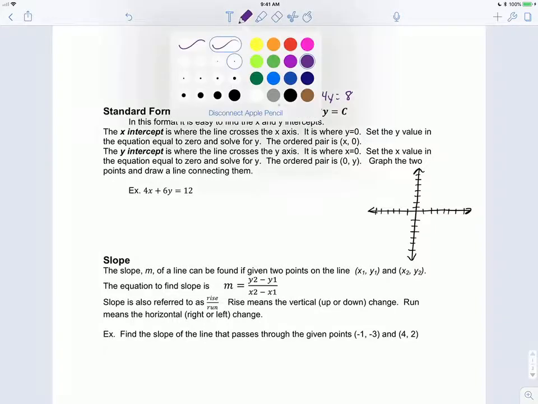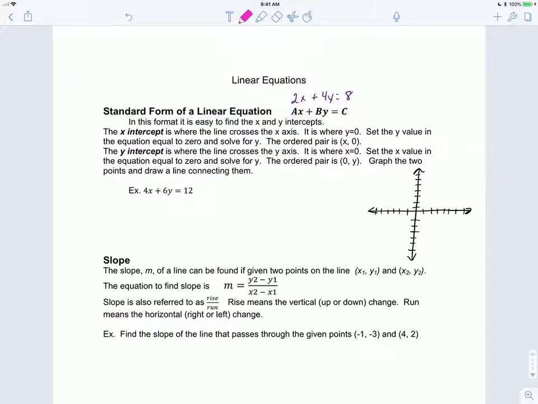Remember, our x-intercept is where the line that this equation represents crosses the x-axis. So for any point on this line, y is equal to 0. If I look at this point right here, that is 3, 0.